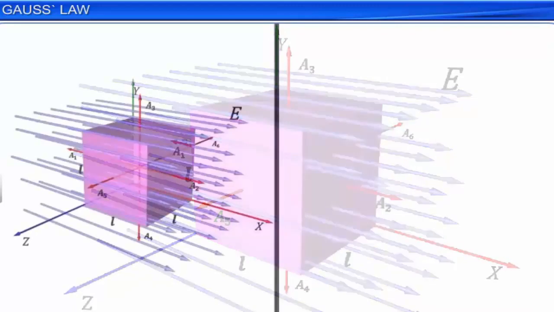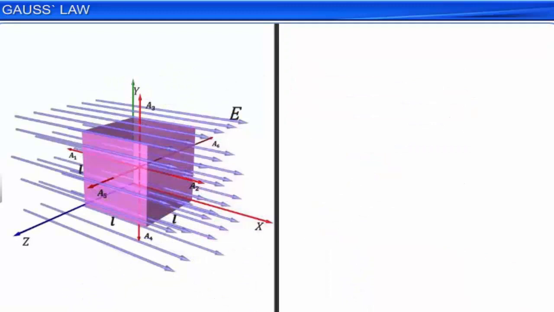For any surface of the cube of area A, which is normal to the electric field of strength E, the electric flux phi passing through it is equal to EA. Now we see that the electric flux phi1 through face 1 is equal to minus EA, since it has inward flux. And through face 2 it is phi2, which is equal to plus EA, since the flux is outwardly normal to it.